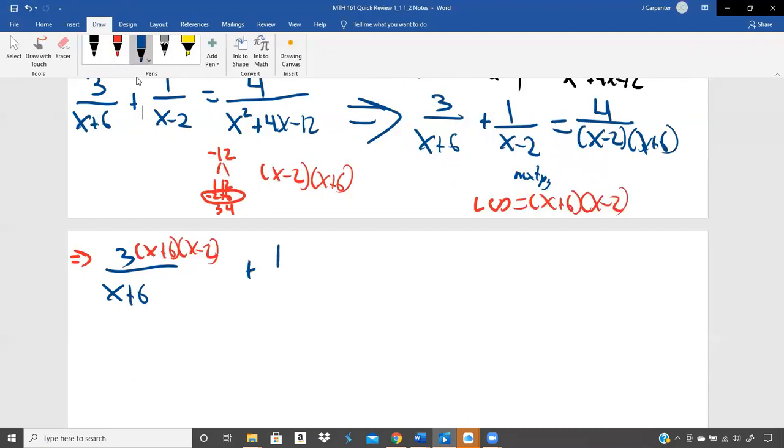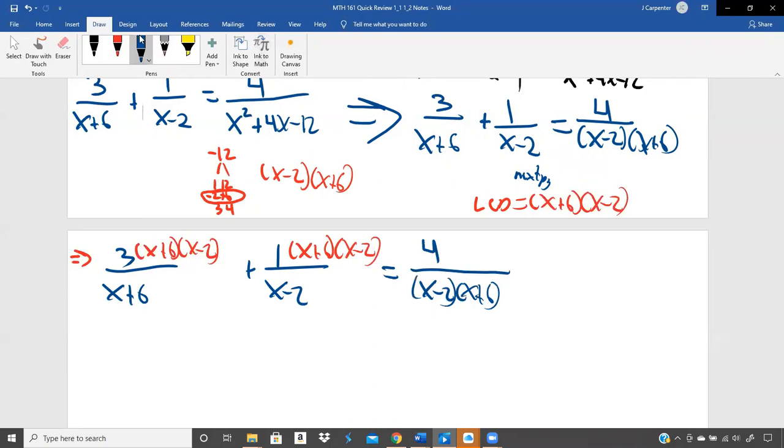Plus 1 over x minus 2 times x plus 6 and x minus 2 equals 4 over x minus 2 x plus 6. And then it gets the x plus 6, x minus 2. This is not a multiply by what's missing, it's a multiply by everything.